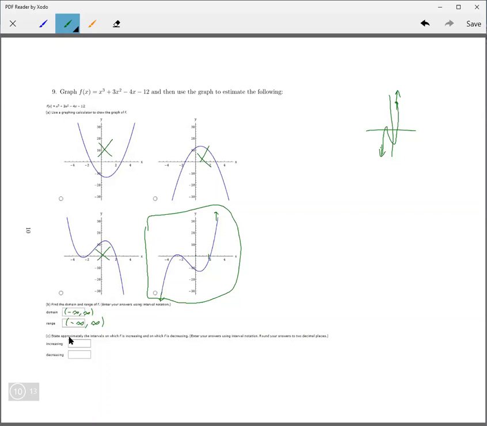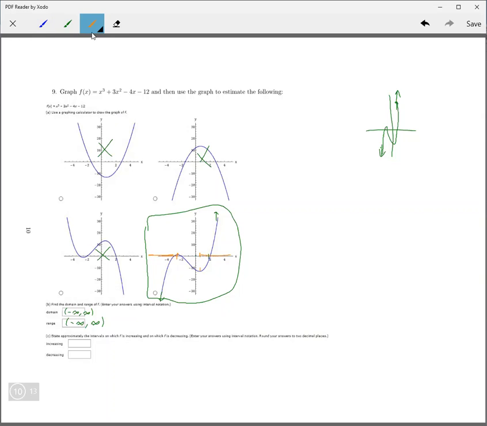Okay, part C says to state approximately the intervals on which f is increasing and on which f is decreasing. Okay, so increasing is going to be this interval here, and also this interval here, from there to infinity.